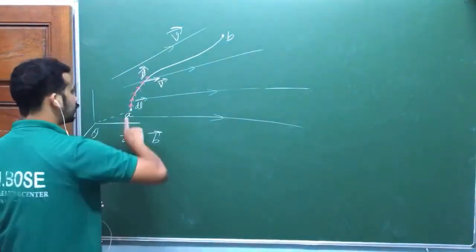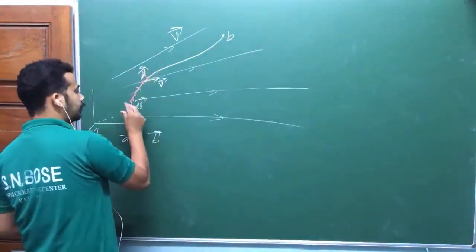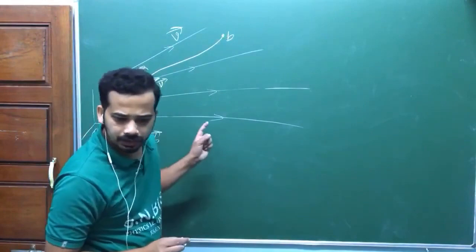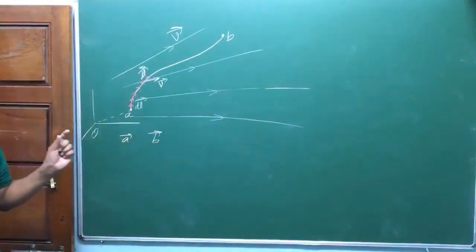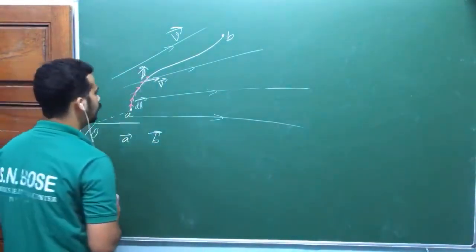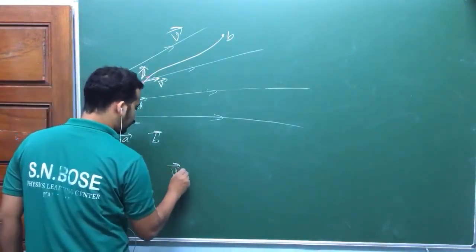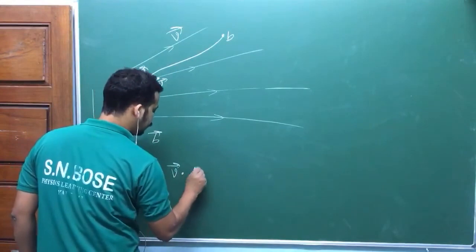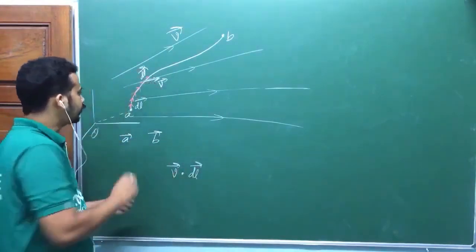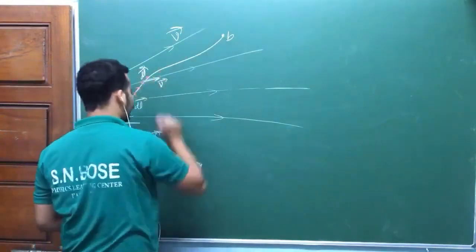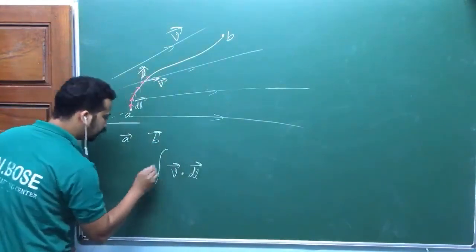Now look here. Along that path, DL vector is the infinitesimal displacement vector, and I'm going to take the dot product with V. I'm going to take V dot DL at each and every point along that line, and then I'm going to integrate.